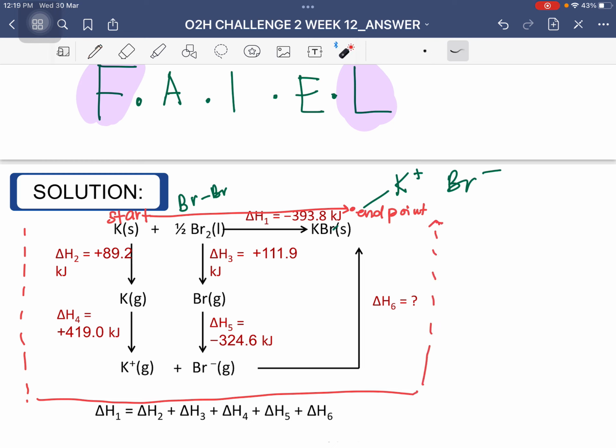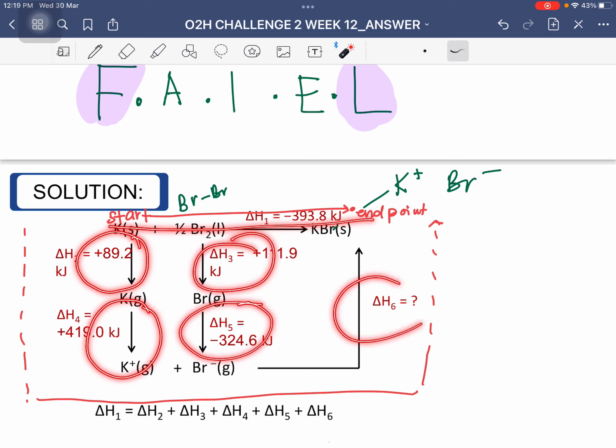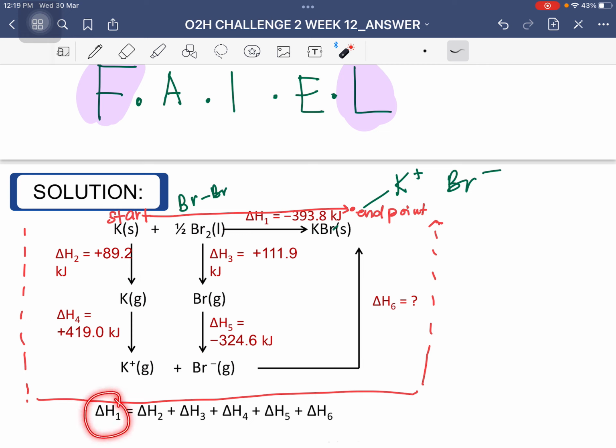Therefore our first route will equal to the energy of the alternative route. So the alternative route equal to delta H2 plus delta H4, 3, 5, and 6. Therefore, delta H1 equal to the total energy of the alternative route. So ini adalah Hess's law. Ni single step equal to the energy of multiple step.